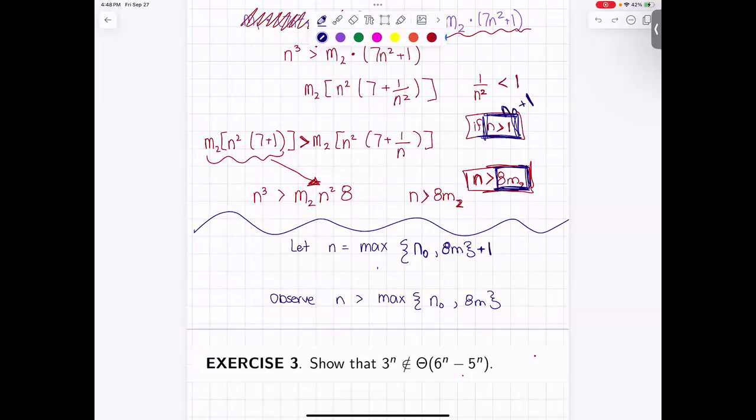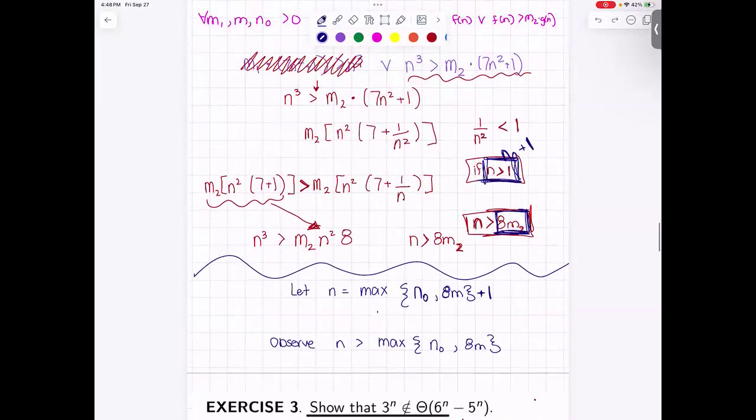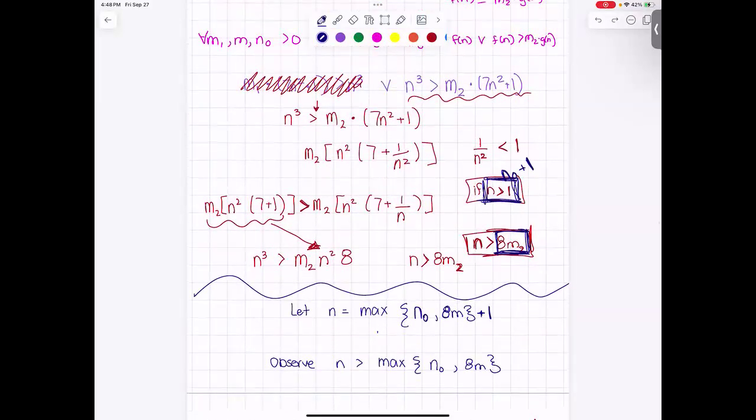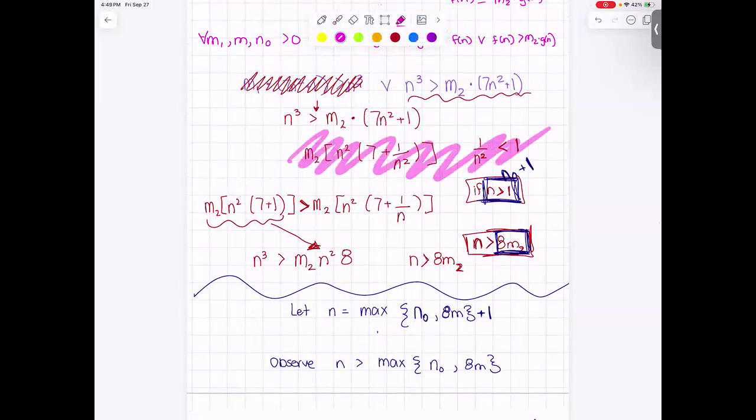Okay, so then having this information in hand allows us to say that since n is going to be greater than n naught, we'll be able to prove this part. Oh my goodness. This part up here we'll be able to prove. And then when we observe that our n is strictly greater than 8m², we'll be able to prove this part as well. So we've broken it into our two parts as we typically do. We've inserted that intermediate value.